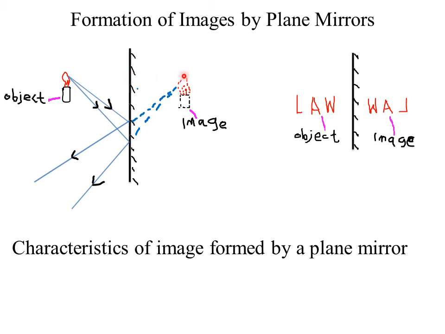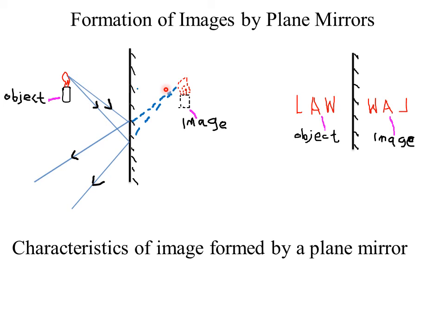So the first characteristic is that the image is as far behind the mirror as the object is in front of the mirror. Another way of saying the same point is that the image distance equals the object distance from the mirror.